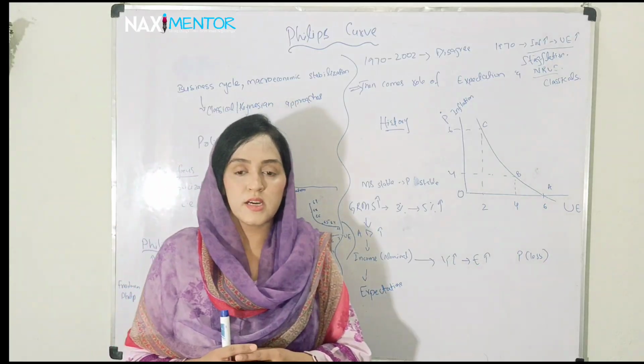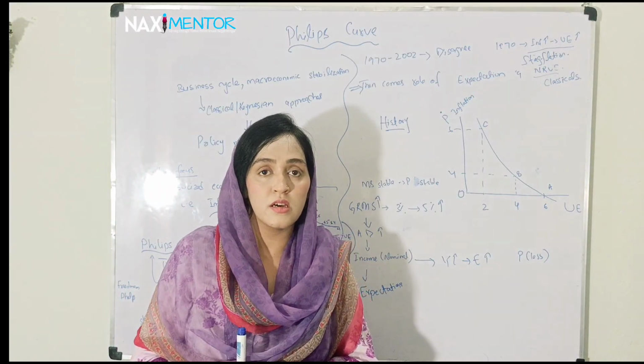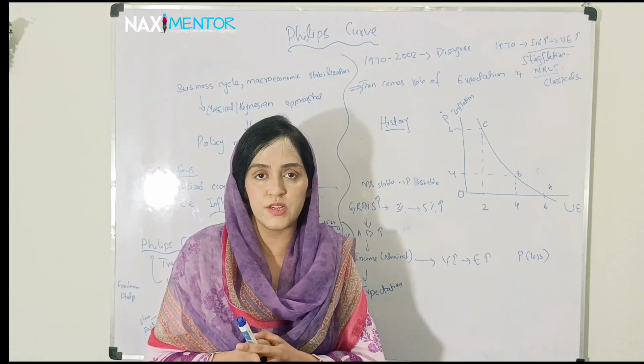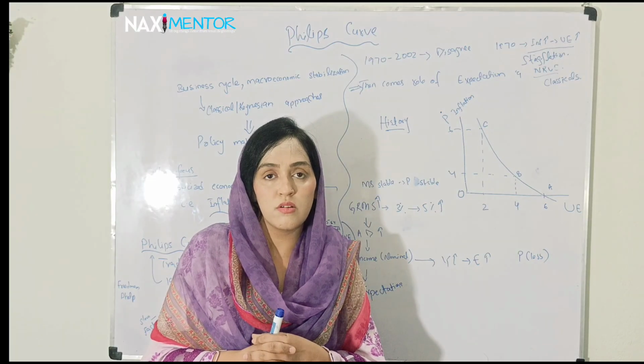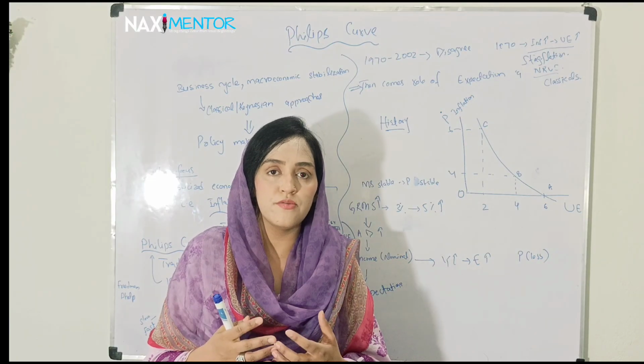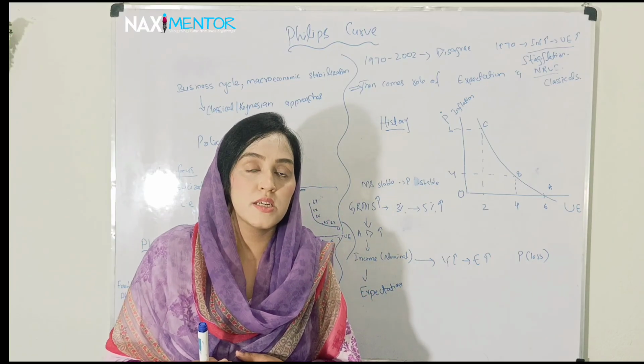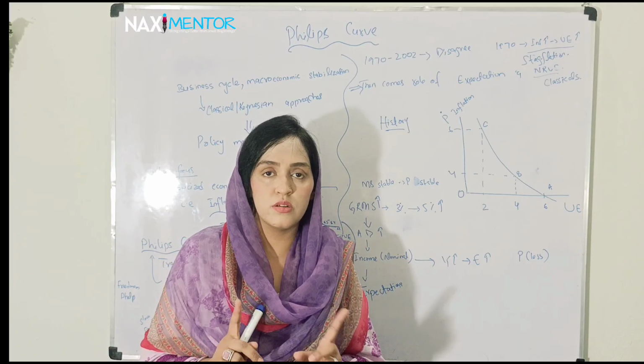So we can say that for policy making, if we want to reduce unemployment, we have to face inflation. That's not a big deal if it really works. According to the data up to the 1960s, it was working in both economies.